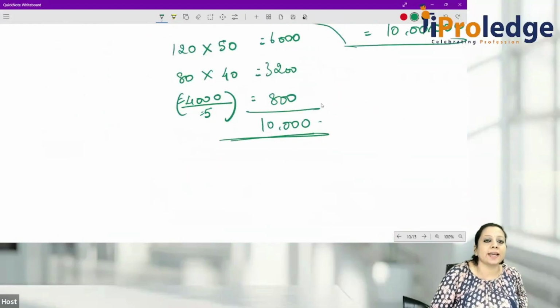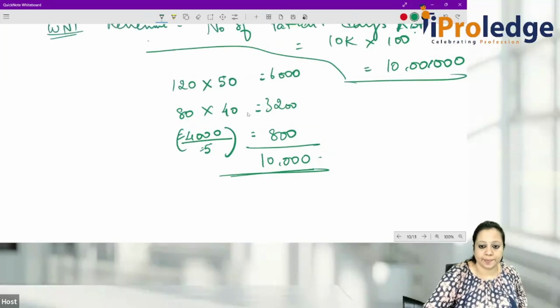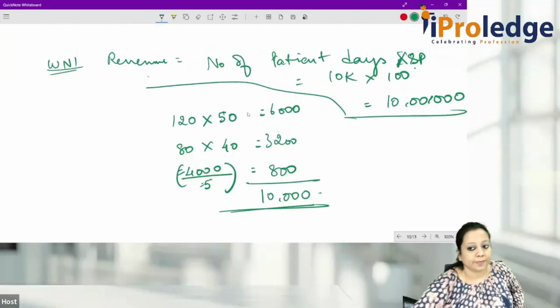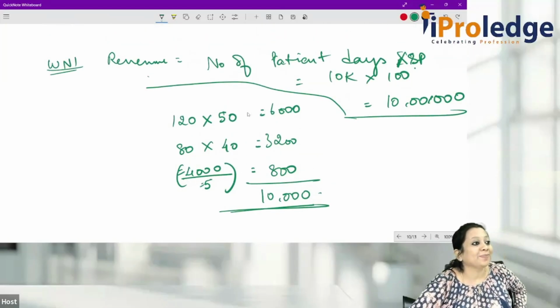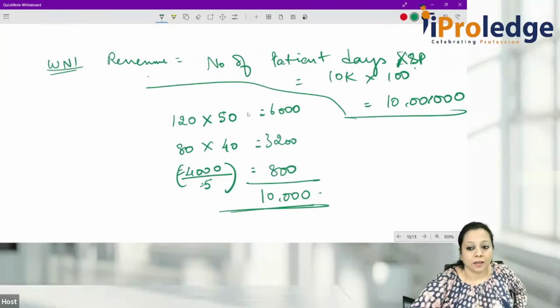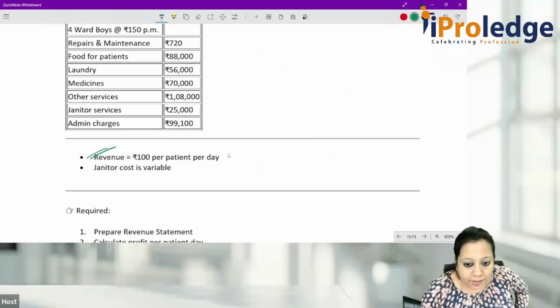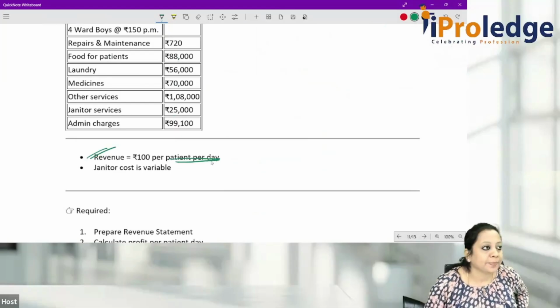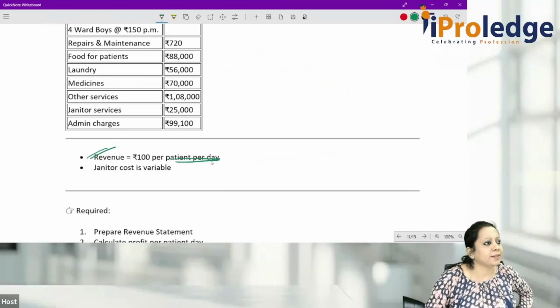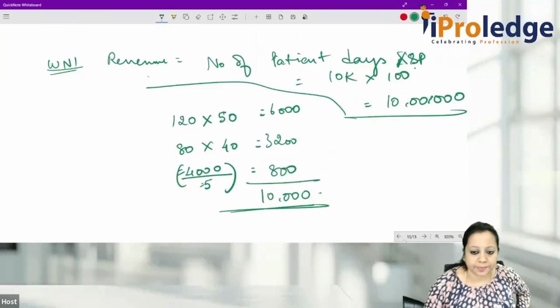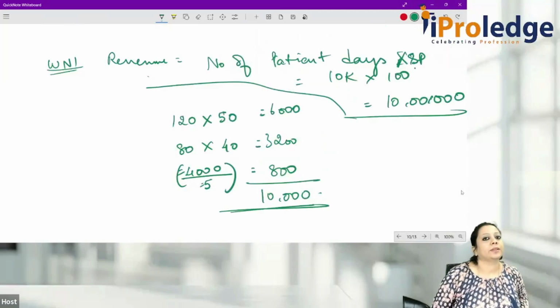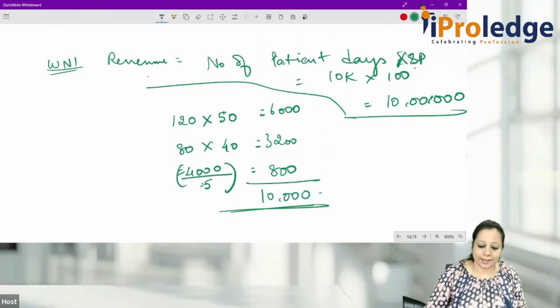So the number of days is 800 days. Okay? Yes. Revenue per day, here per patient. Are we all good to go? Yes. Okay.